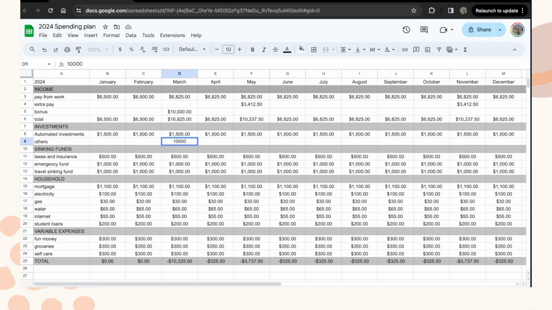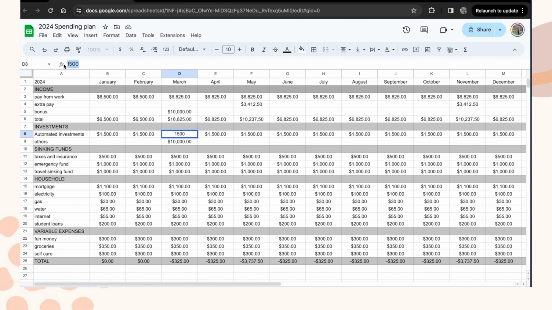So the $10,000 will go directly into investments. I don't plan to do anything else with it, which is why I added this additional row in the investments section. So the $10,000 is accounted for. And the pay increase will also go into these automated investments. Because my income is going up by $350, I will add that to the $1,500.